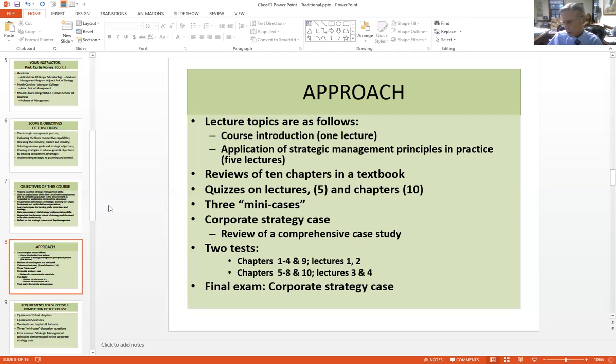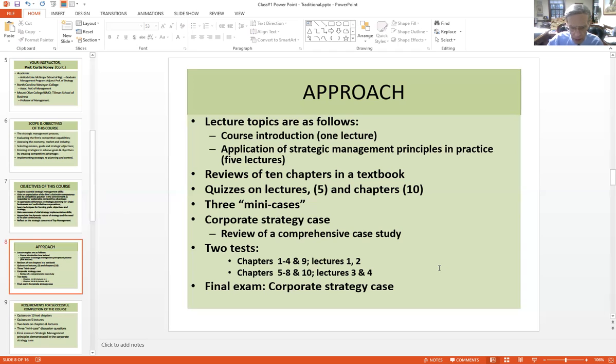And there will be a final exam on that case at the very end of the last week. So there will be 2 tests as well as the final exam, and there they are.